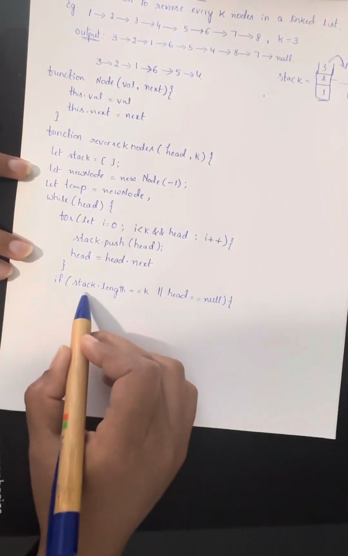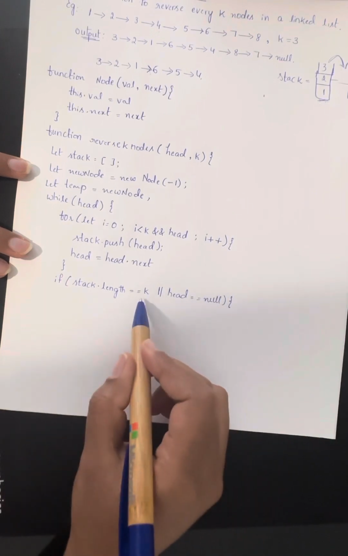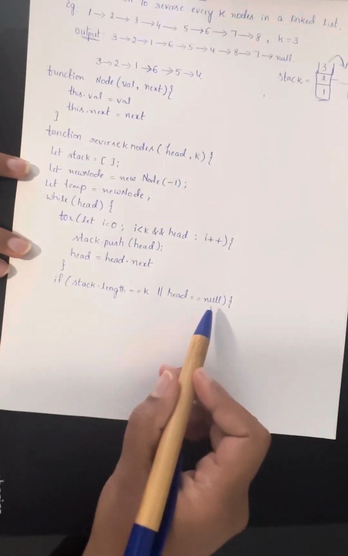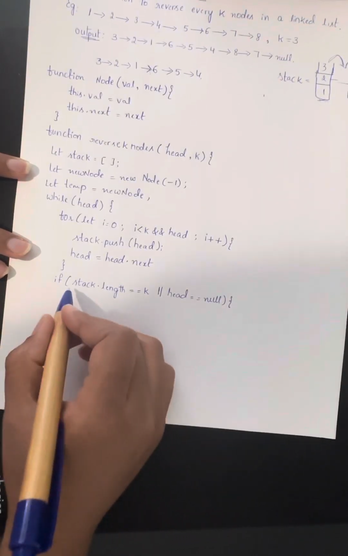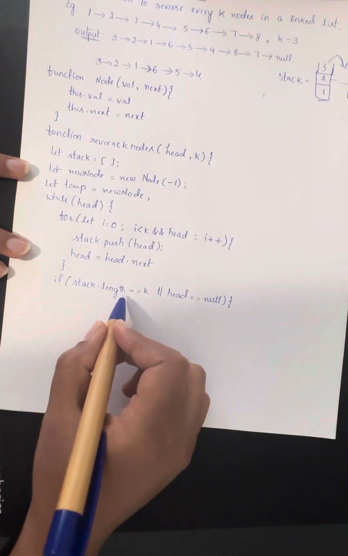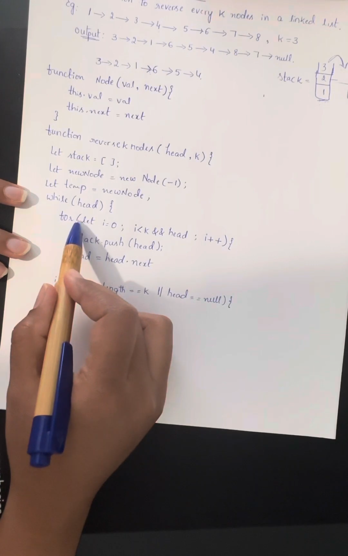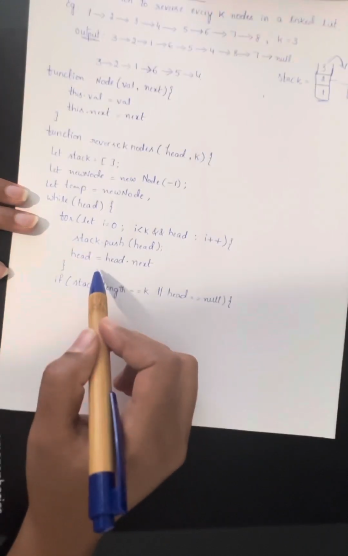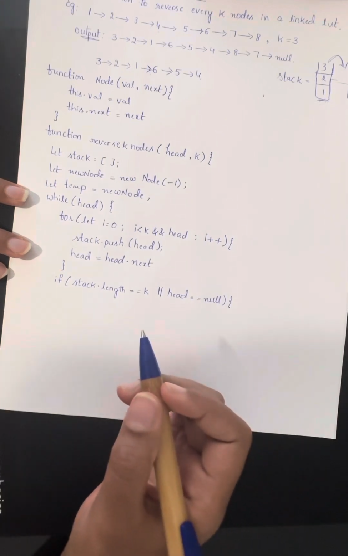Only when the stack length reaches k, or if the head reaches null, I'm going to create the new list. If it does not reach the length of k, then it will repeat this while loop and keep pushing the nodes to the stack.